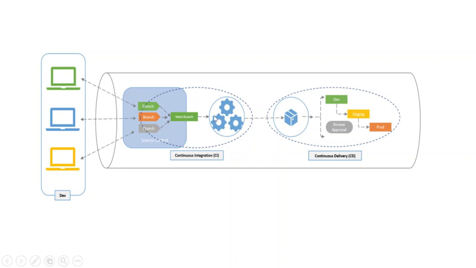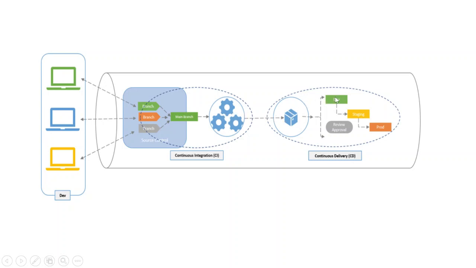And once that is done, the particular code will be deployed and built, and it will be sent to production. So this part talks about the continuous delivery. So as and when certain features are added or certain bugs are removed or certain modifications are made, it has to be merged to the main branch. It has to be deployed and set for the release.